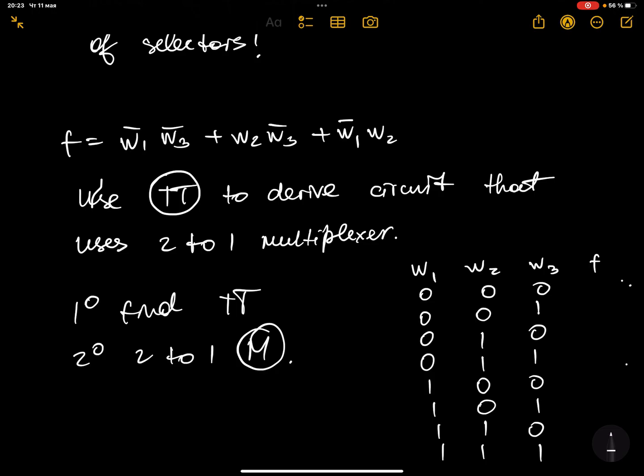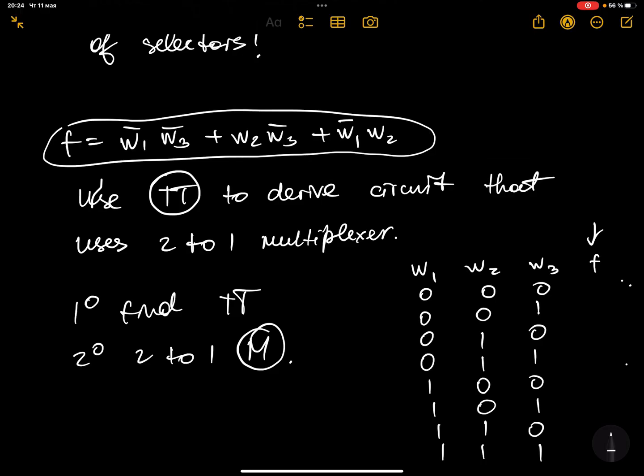In order to find the value of the function, you just substitute the values of w1, w2, w3 in each row into the given function. Firstly for this one, put 0 0 0 everywhere, then you get the value.